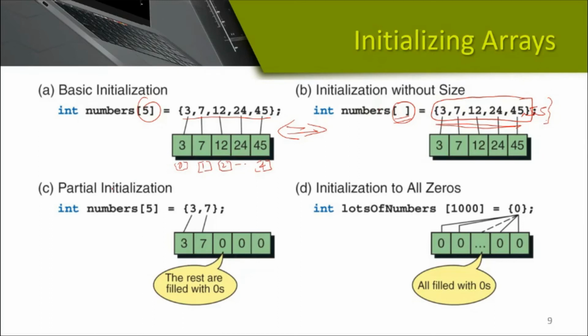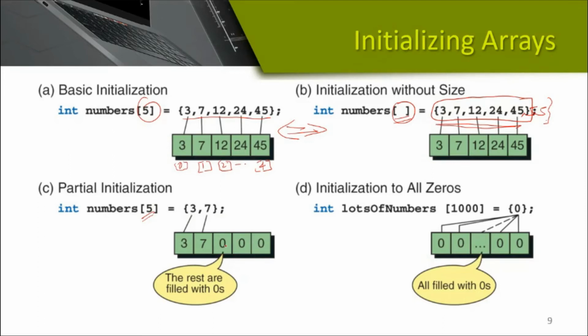Then there is partial initialization. In the case of partial initialization, if you generate an array with 5 numbers, that is the size of the array is 5, but you are giving only 2 numbers, then all the remaining elements will be assigned a value 0.